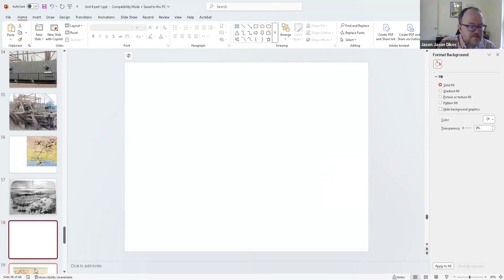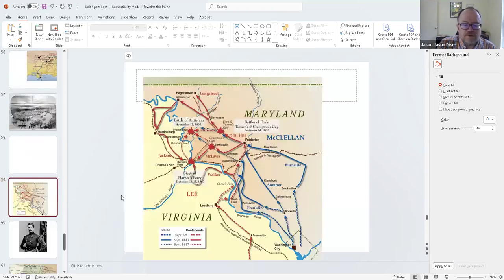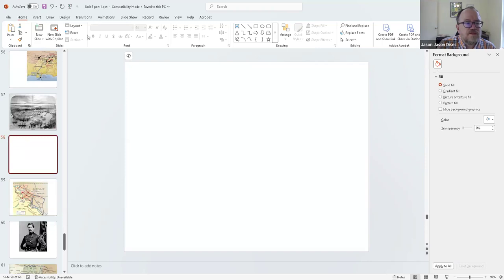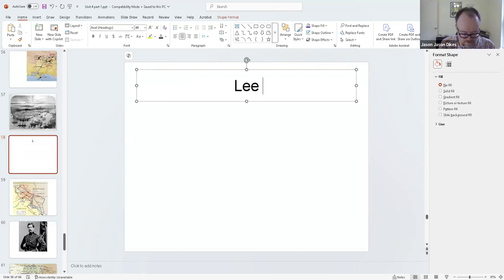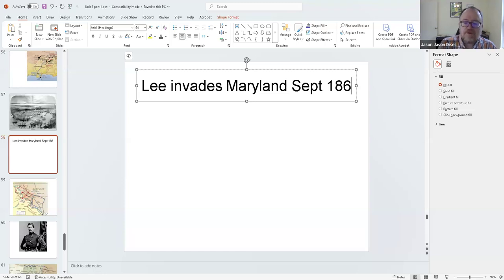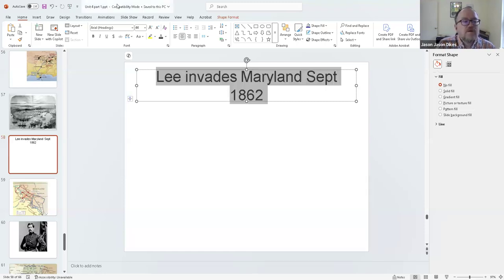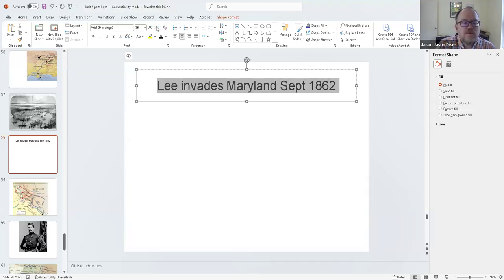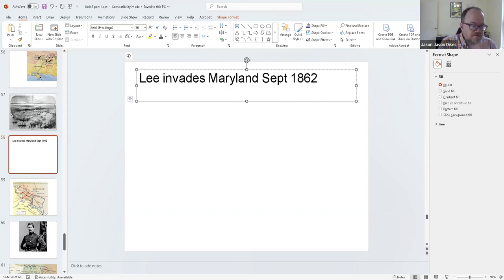In September of 1862, the Confederacy under Robert E. Lee invaded Maryland. This was done for two reasons. One, to liberate Maryland.